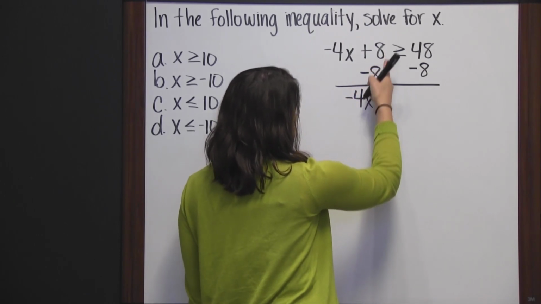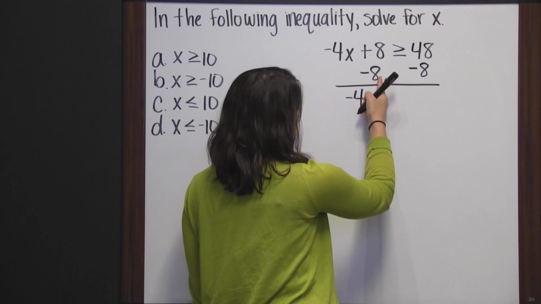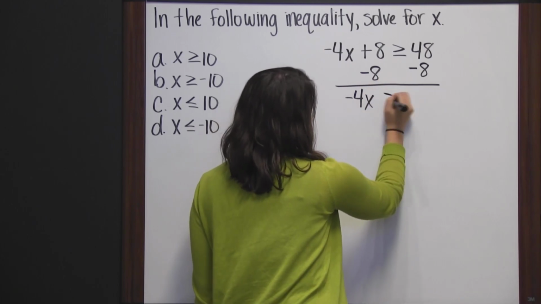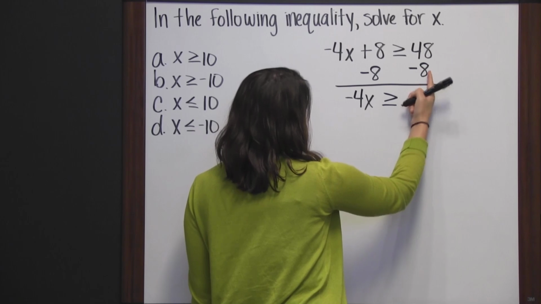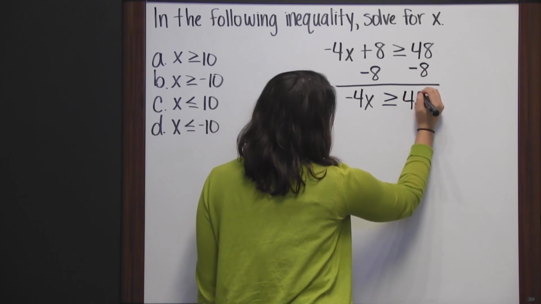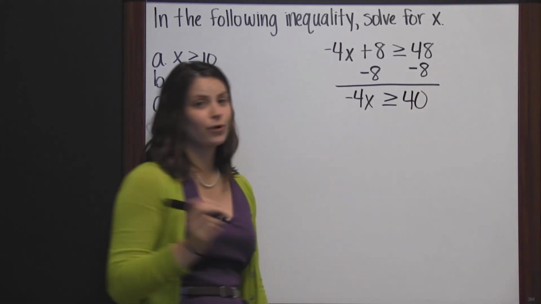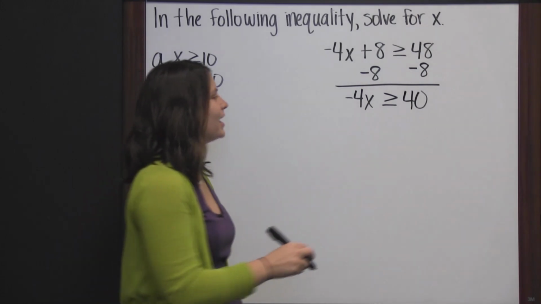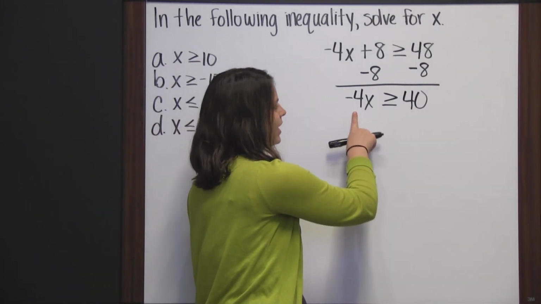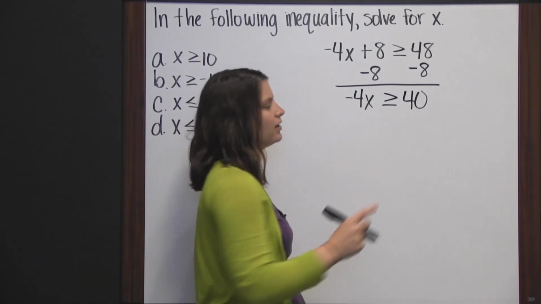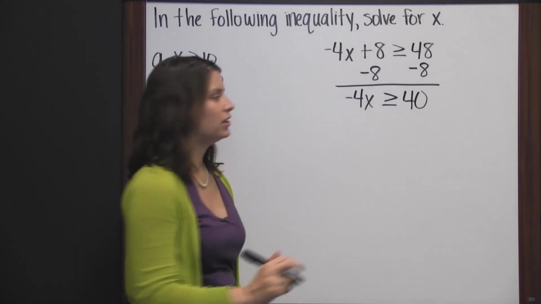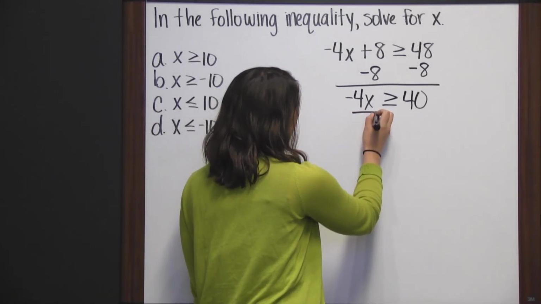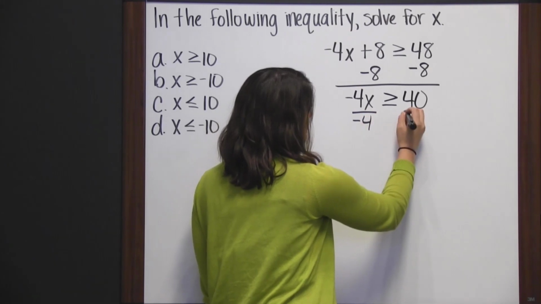A positive 8 minus 8 is 0, is greater than or equal to 48 minus 8 is 40. And we're almost done. Now we need to undo negative 4 times x. And the opposite of multiplying by a negative 4 is dividing by a negative 4.